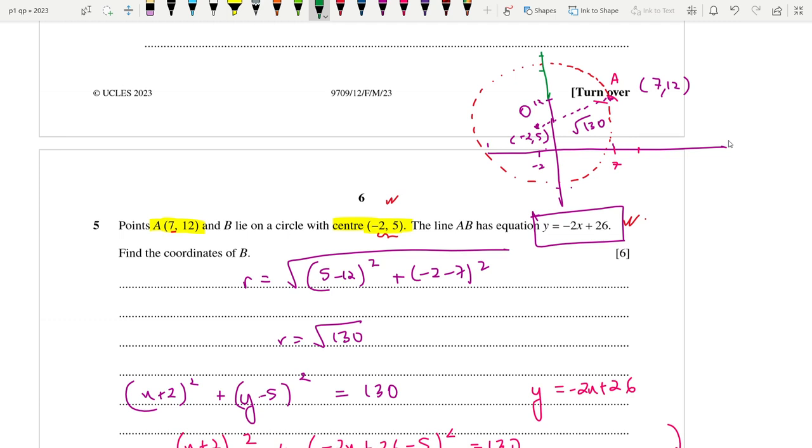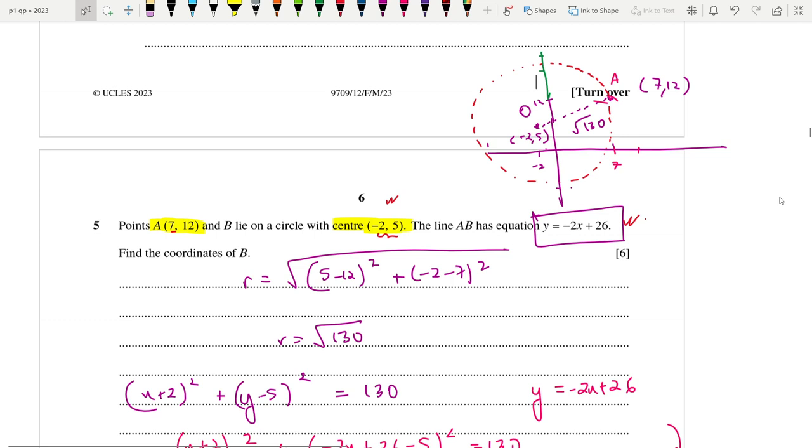It's going to pass through A as well as B, and it's going to cross the circle twice.